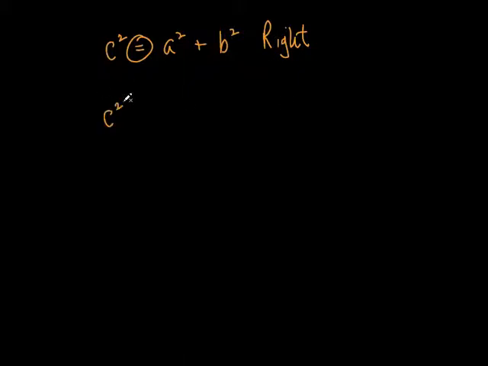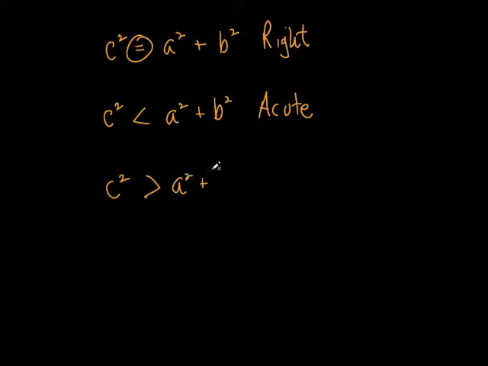Now watch this. What if c squared was less than a squared plus b squared? If I took the longest side and squared it, and it was less than the other 2 sides squared and added up, it would be an acute triangle. You're right. And guess what the other one is? If c squared was greater than a squared plus b squared, then it would be an obtuse triangle.